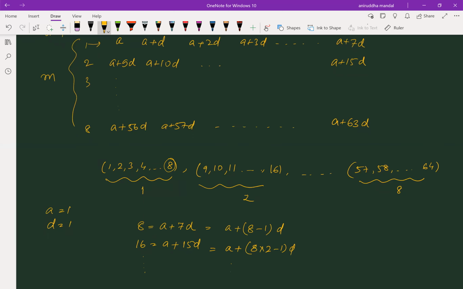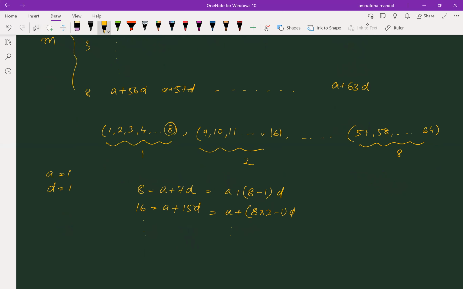So for any general row, the last element of each row can be written as a plus 8m minus 1d.